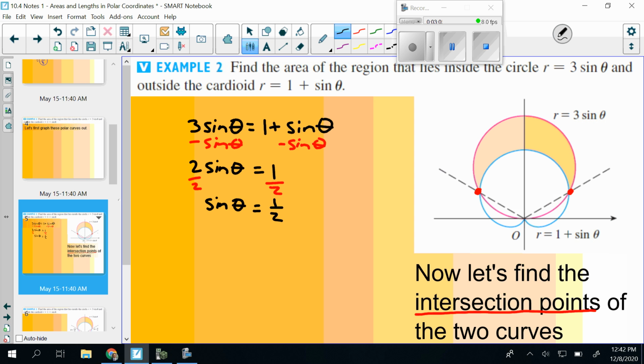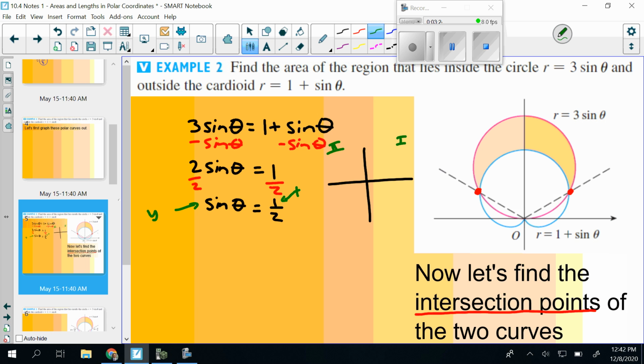If we want to solve that, there are two ways you could think about it. Where's sine theta going to equal a half on the unit circle? You could bring up the unit circle. We know if we're talking sine, that's a y value. That's positive, so that's got to be either in quadrant 1 or quadrant 2.